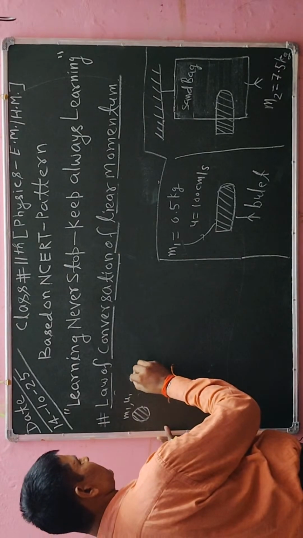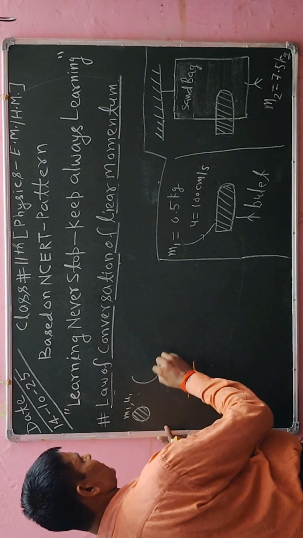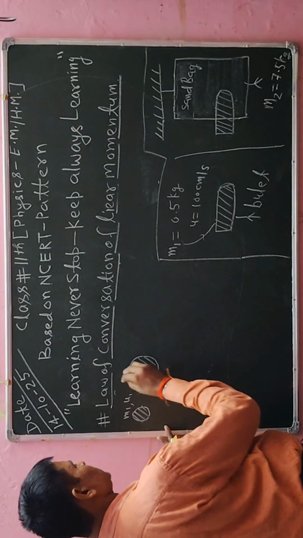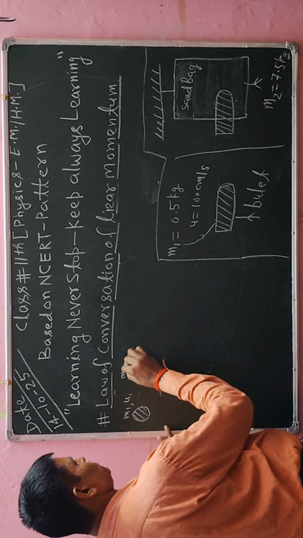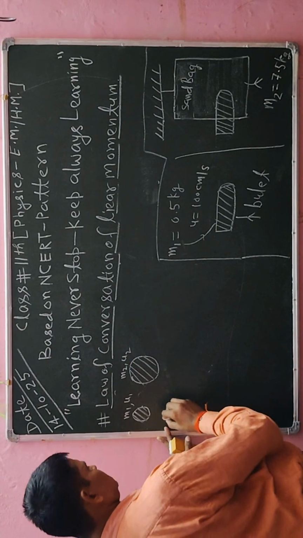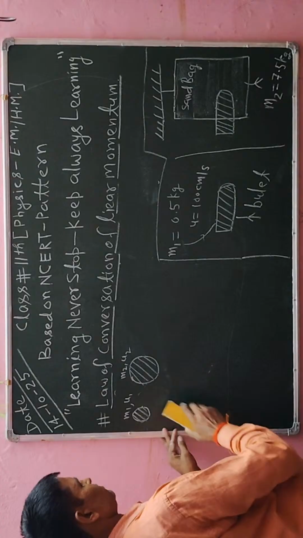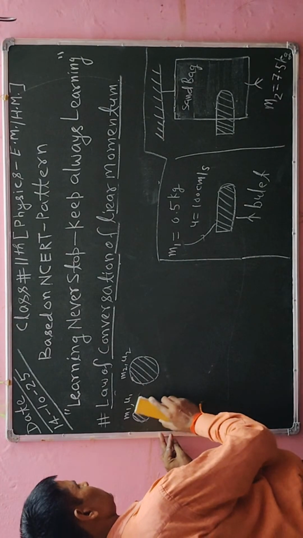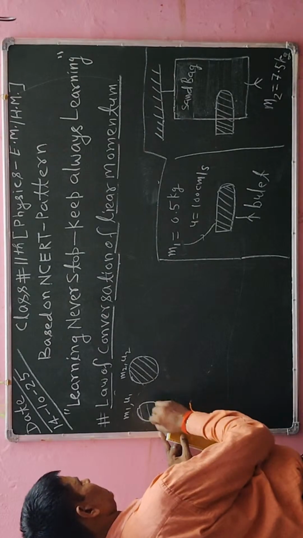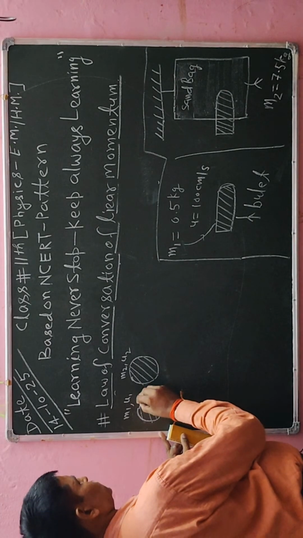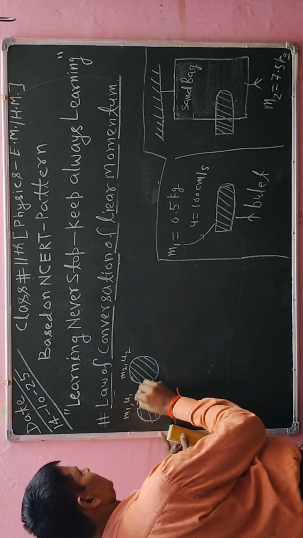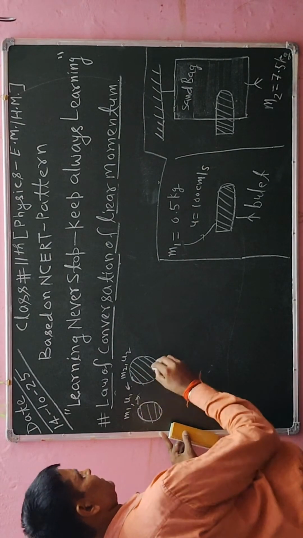Suppose that another object I am considering, it has mass m2, and its velocity is u2. So this object is moving along this side, and this object is moving along this side.